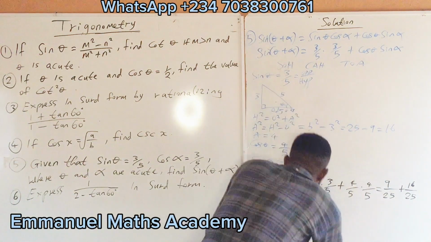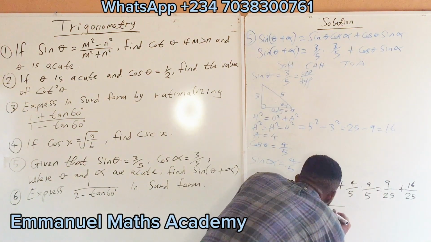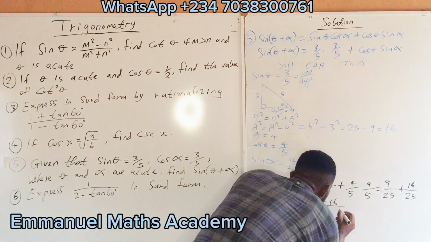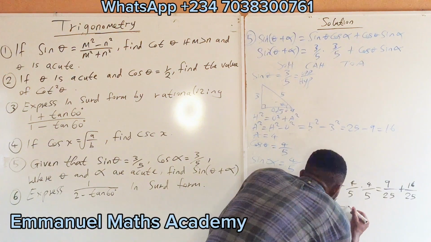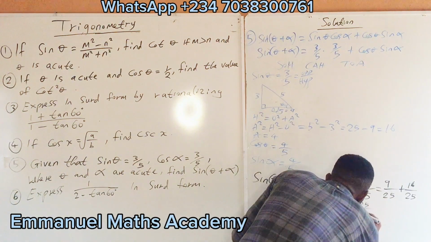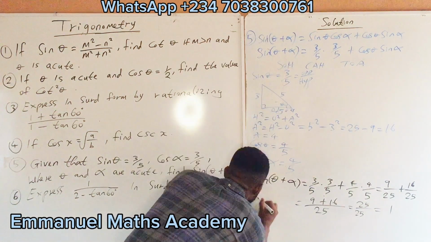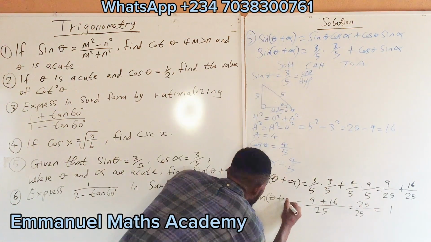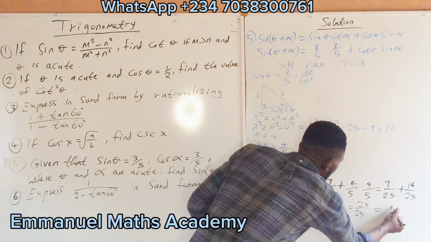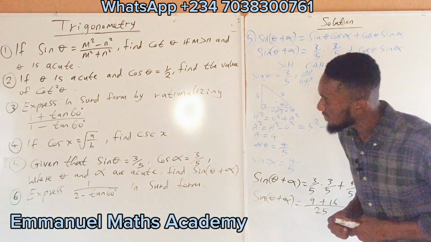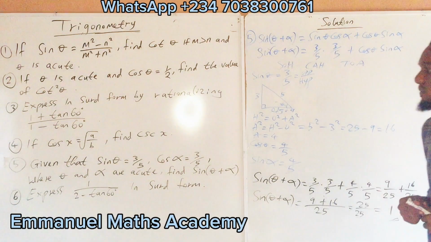Hence, if you find the LCM, you now have 25. 9 plus 16, right? Equal to 25/25, which is equal to 1. Hence, sine theta plus alpha is equal to 1. As simple as that.